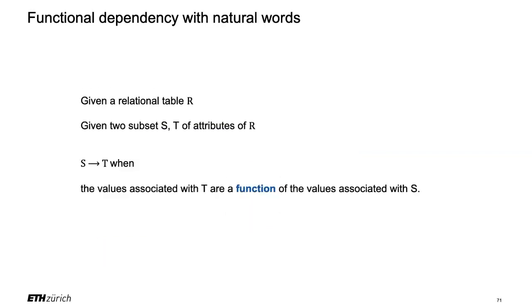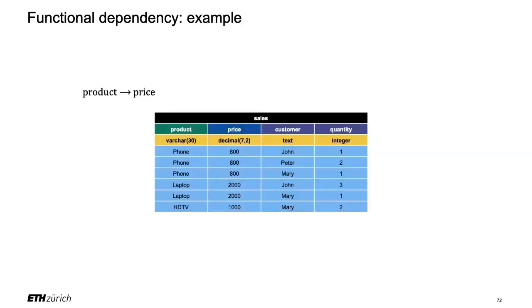All right, and yet another way with natural words to characterize a functional dependency is that technically it's as if you had a function, a mathematical function from S to T. So for example, here we could see this dependency from product to price as the existence of a function that associates every product with a price.